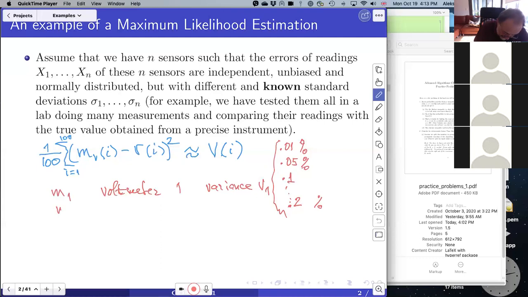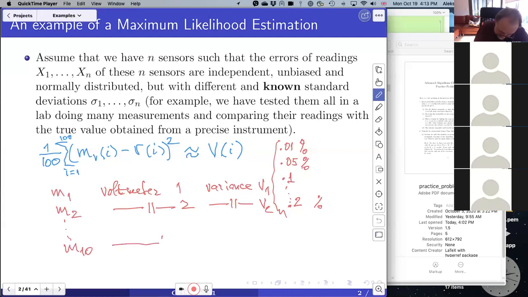Then you measure it with voltmeter 2 with variance V2, and so on, up to measuring using voltmeter 10 with variance V10.